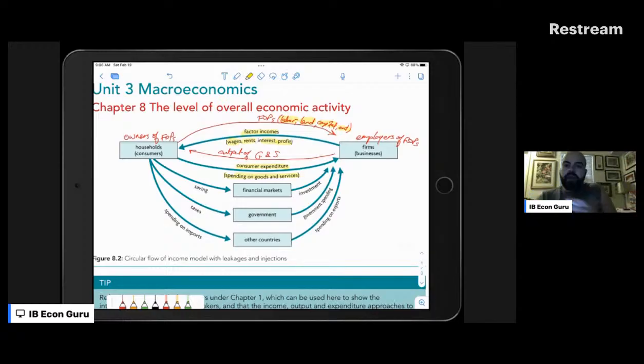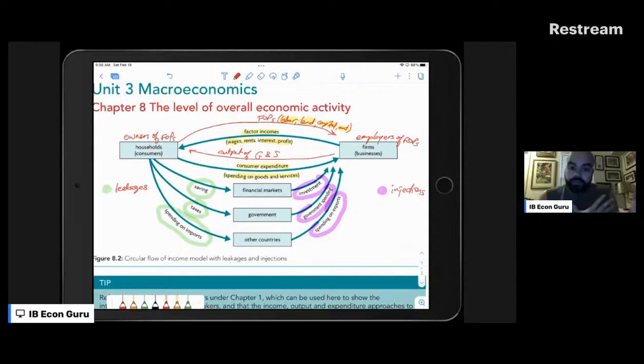Now, with the expenditure flow, we add leakages and injections. There are three leakages: saving, taxes, and spending on imports. These three in green are the leakages. And there are three injections: investment spending, government spending, and export revenue. These are the injections.